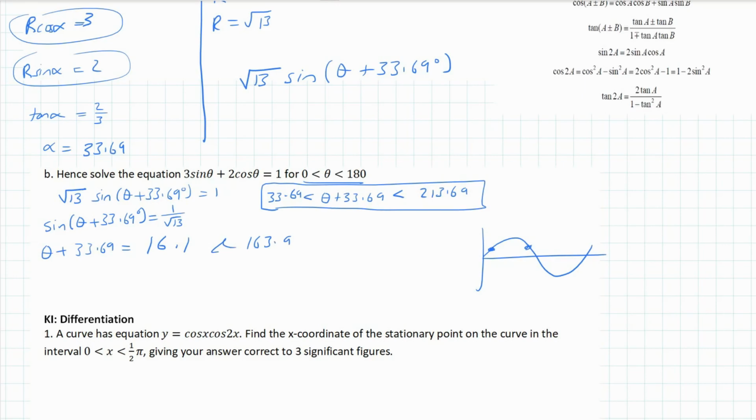And you can see that those are the only ones that are going to be in our value. We can actually ignore this one because 16 is lower than the 33.69. So then the last step to find out what theta is, is to subtract the 33.69. So I do that now. And that's 130.21.